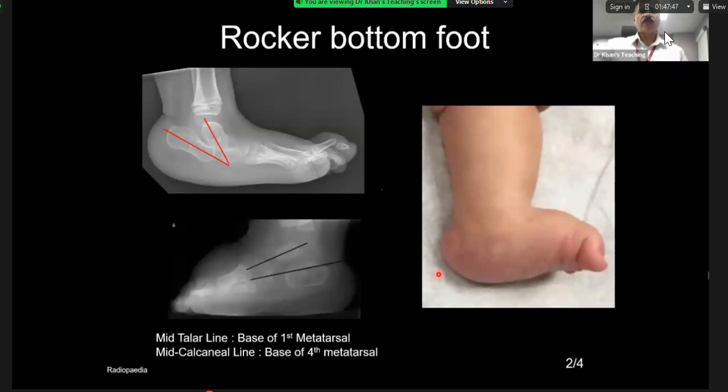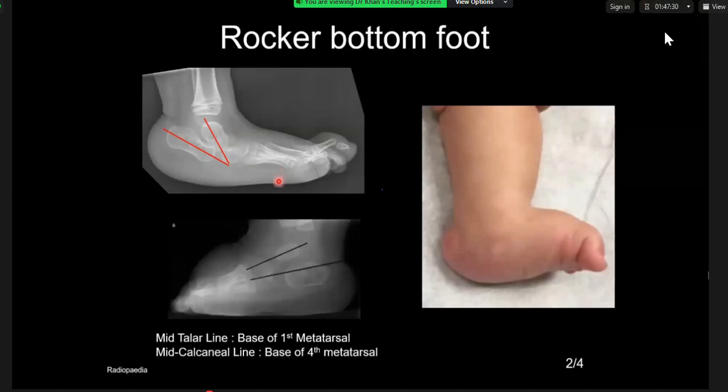Basically in rocker bottom foot, vertical talus means that technically there will be a talonavicular dislocation. Even if the navicular is not ossified, you cannot see it, you can infer that it will be out of socket. There are a few lines which are given here.